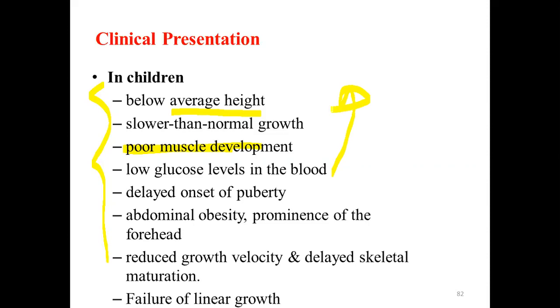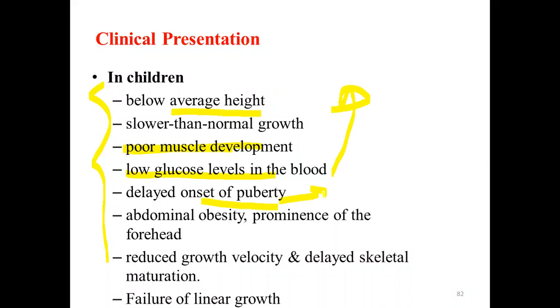It is very important for increasing the sugar level during a stressful event or in the fasting state, so it is a counter-regulatory hormone. The patient can even have a low blood sugar level. Then there is delayed onset of puberty. I've already mentioned that growth hormone is important for development of all organs except for maturation of secondary sexual characteristics.